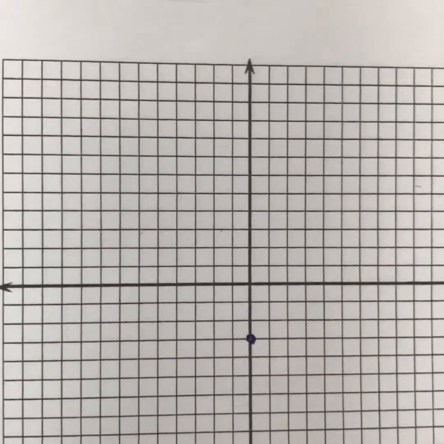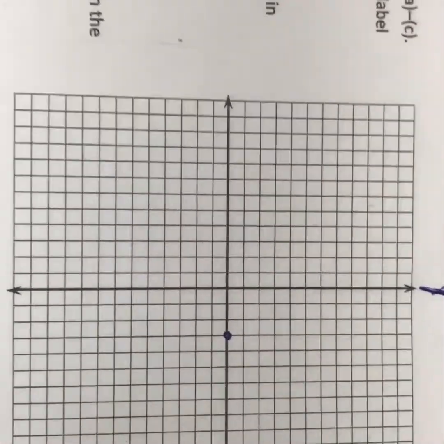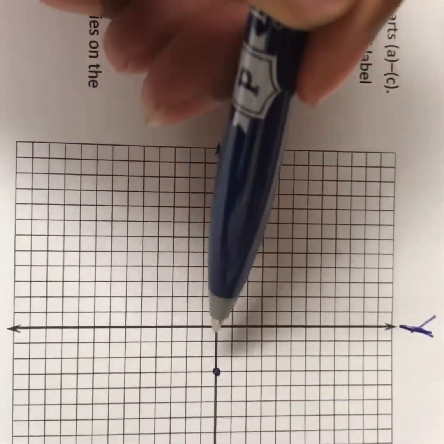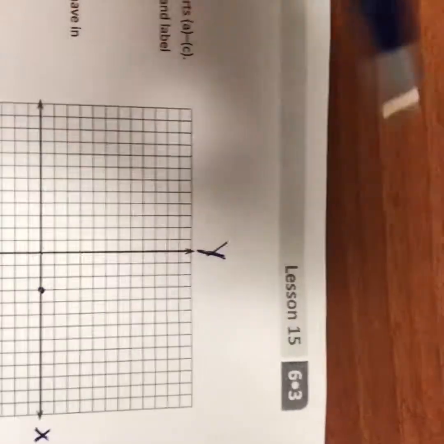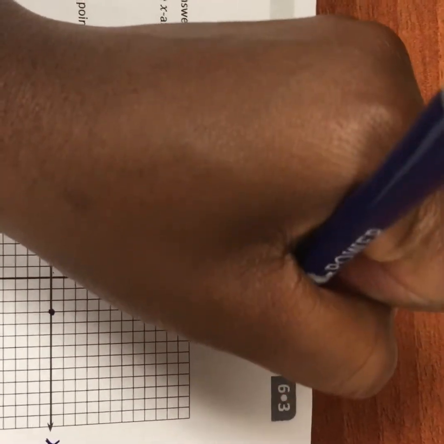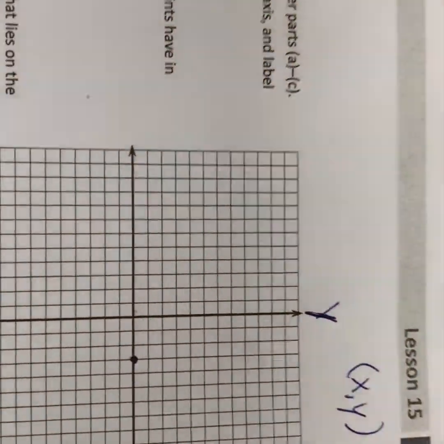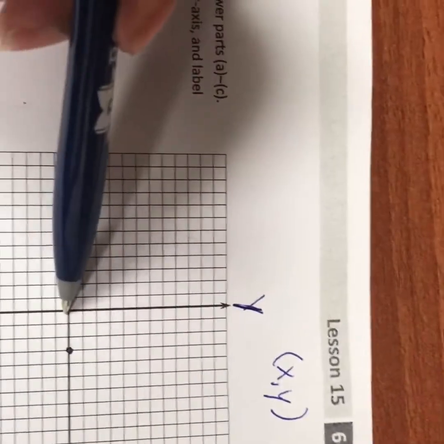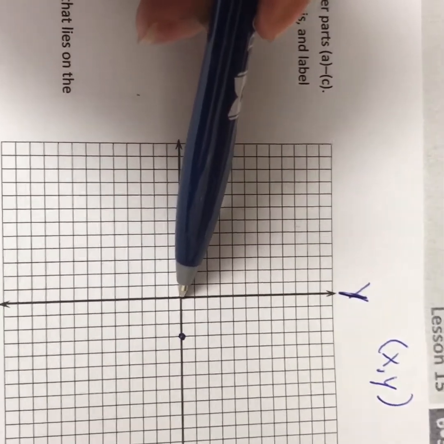And my coordinate actually is, if I start here at the origin, and remember, a point has an x coordinate and a y coordinate. So x always comes first, so I start at the origin, and I'm going to go 3 units to the right.